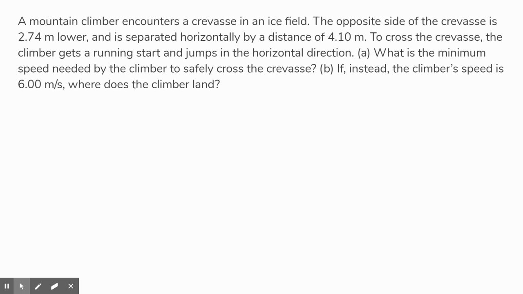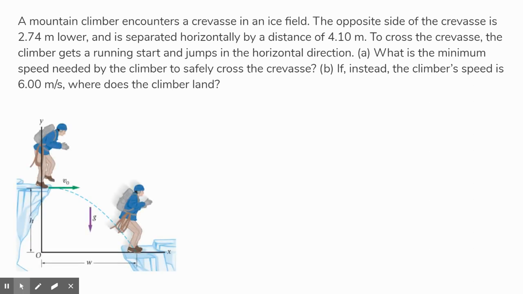The climber gets a running start and then jumps. We want to know the minimum speed that will allow him to cross safely: crossing 4.10 meters in the x direction and 2.74 meters in the y direction. Here is our diagram, just to help us get an idea of what's going on.